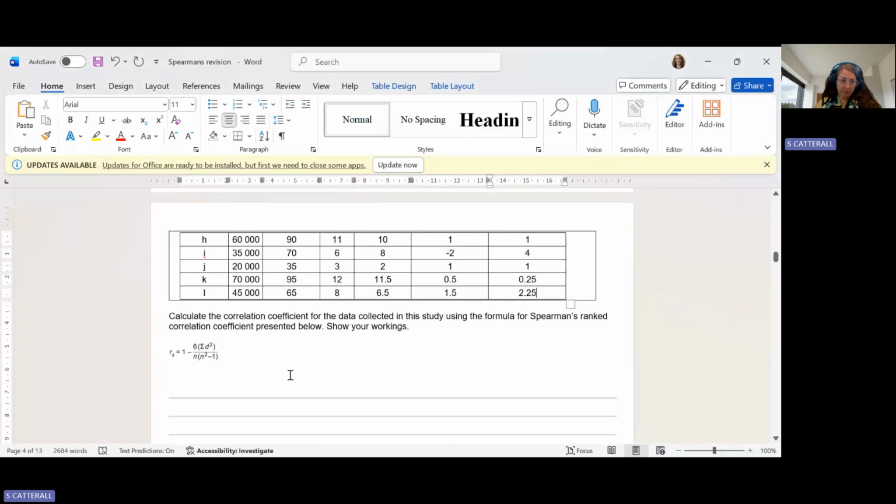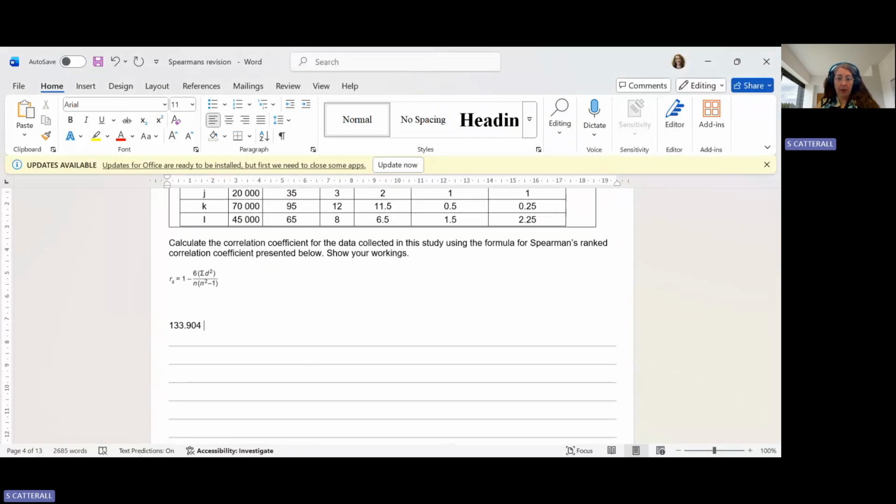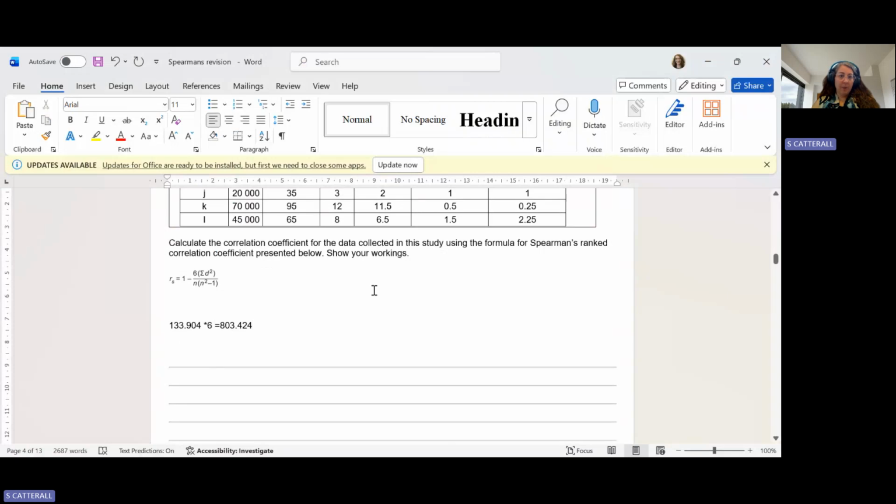It feels like this might not be right because it's so big, but we'll see: 133.904 as the top line. So we need to times that by 6 because that's our d squared total. This sigma sign stands for total. So once we've timed that by 6, we've got 803.424. And then we need to divide it.